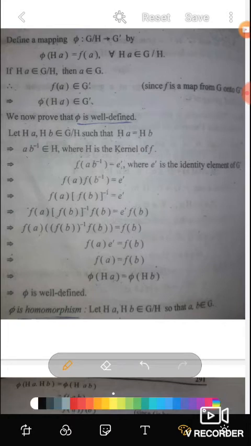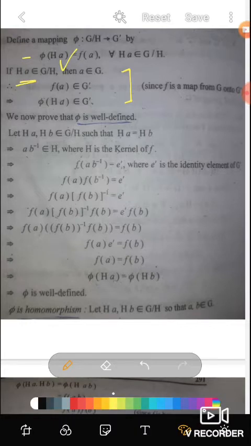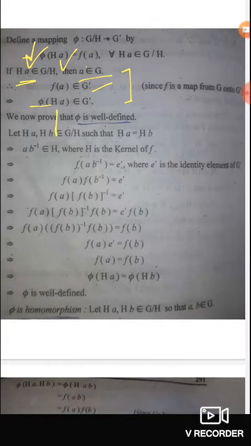The function phi. Now there is some concept. If this element is belonging to the quotient group, then the element a is belonging to the set G, and the image of this element will belong to G dash, right? That we have discussed right now. And the image of this element will belong to G dash.